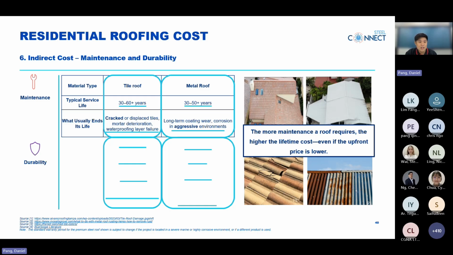Now on metal roofing. Metal roofing relies on a paint and coating system, which typically fades slowly and evenly over time. For metal roofing, lifespan is generally predictable because it is closely linked to the quality of the coating system and environment. From a serviceability perspective, metal roofs are easier to work on.